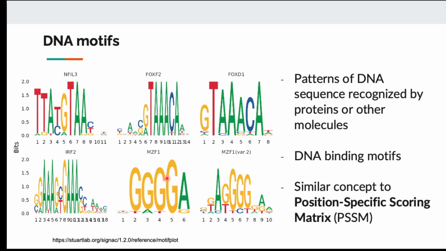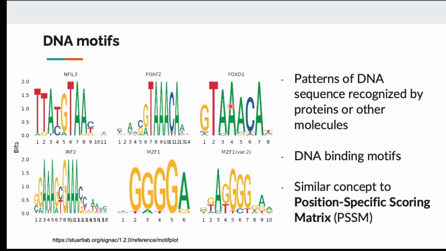We know the location from ChIP-seq, but we don't yet know the DNA pattern that it binds to. So what we want to see is something like this: for each protein, does it recognize a GGGA? Does it recognize a GTAACA? If we know this pattern, then we can interpret whether a mutation occurs on the binding site.